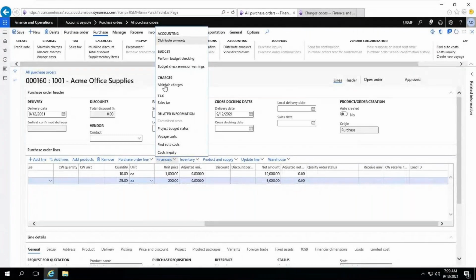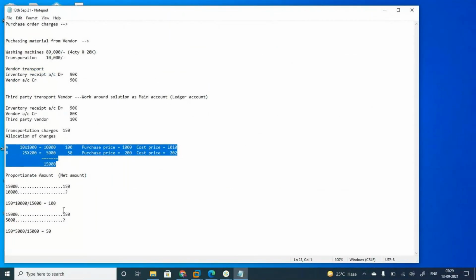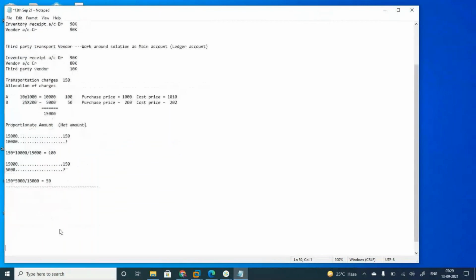Maintain charges. It will show you 75. So if it is updated like this, the cost price will be updated. If it is 75, 75. So this was based on proportionate, and now it is based on per line.